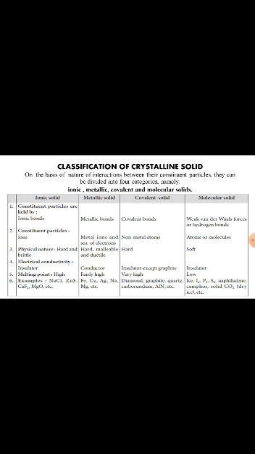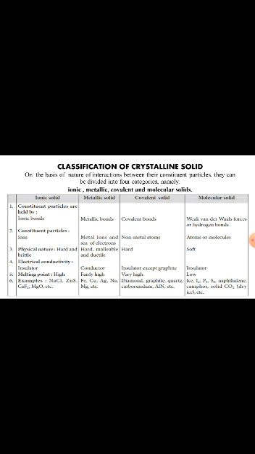Now lastly, molecular solid. As the name indicates, the solid is made up of molecules. So the constituent particles may be atoms in case of inert gas or molecules.